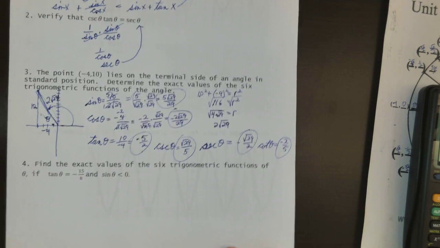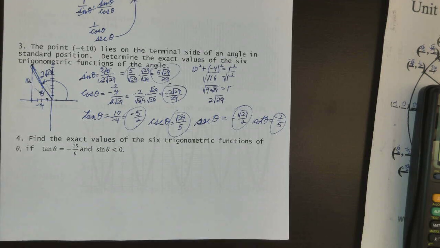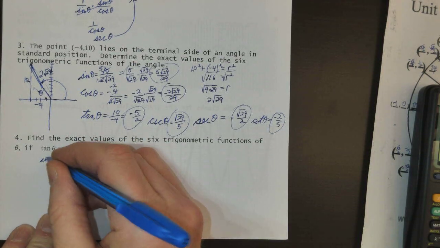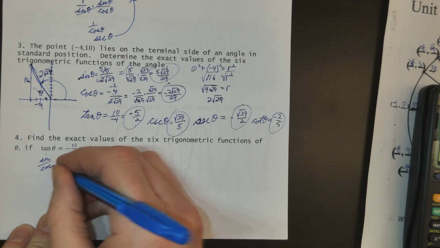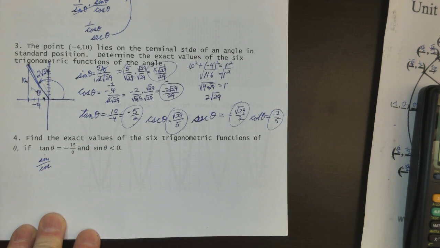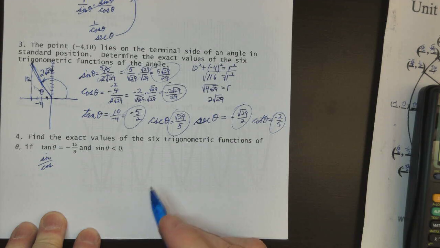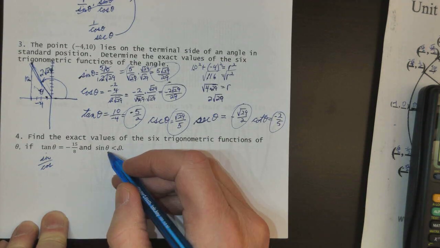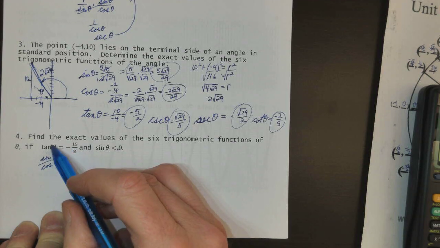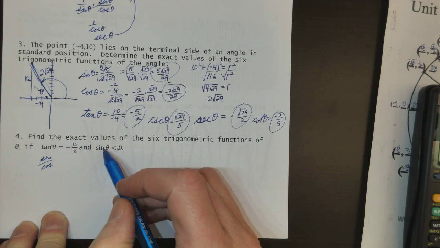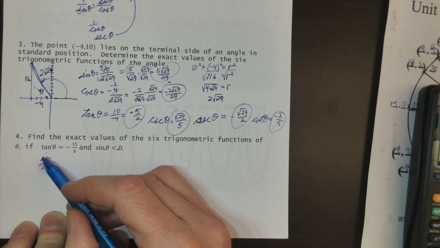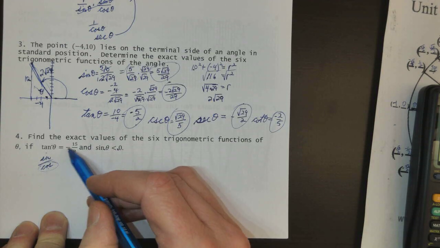Now number 4, a similar problem, but we have to use the clues we have. Tangent of theta, remember, tangent is sine over cosine. Tangent of theta is negative 15/8. The sine of theta is less than 0. Well, the tangent is negative and the sine is negative, so cosine has to be positive, because that's the only way you get a negative result from dividing a negative by a positive.